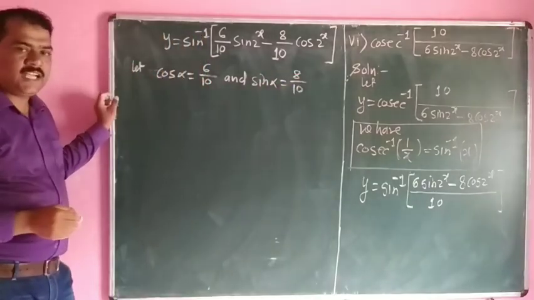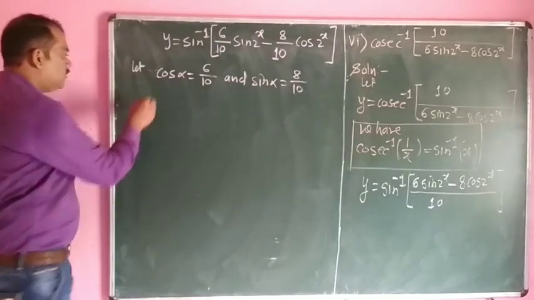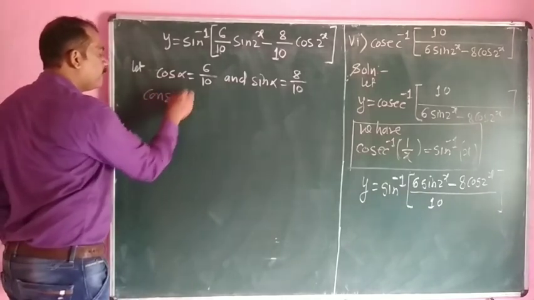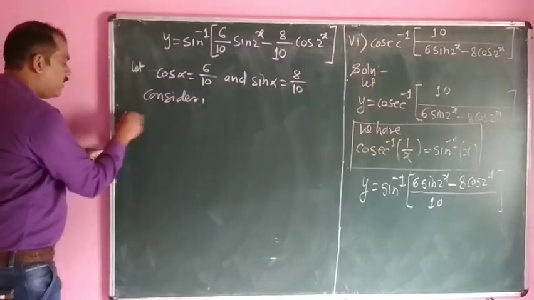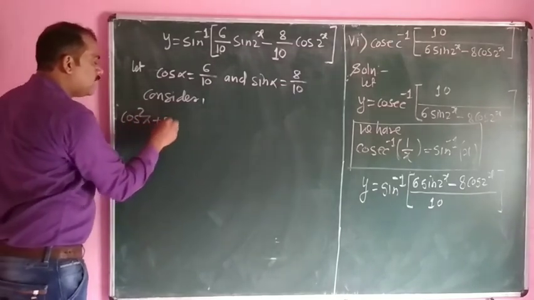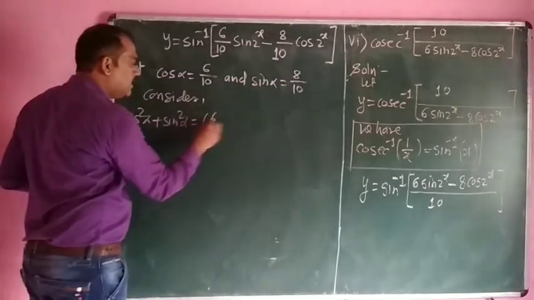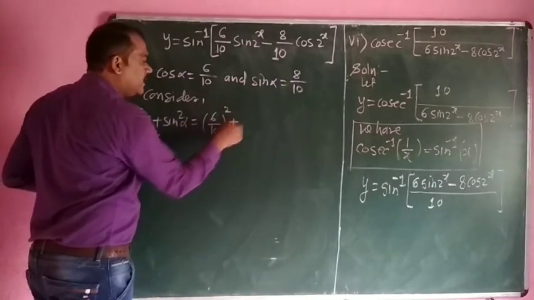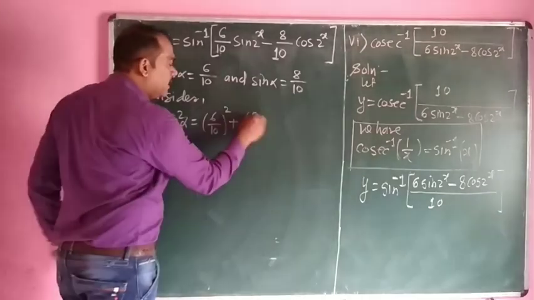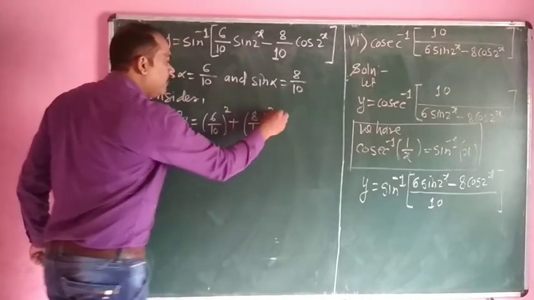First of all, we have to check whether the identity is satisfied or not, so we consider cos square alpha plus sine square alpha is equal to, cos alpha is 6 by 10, so 6 divided by 10 bracket square, and sin alpha is 8 divided by 10 bracket square.